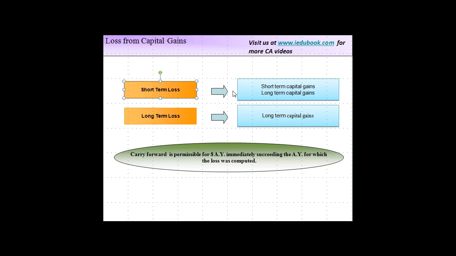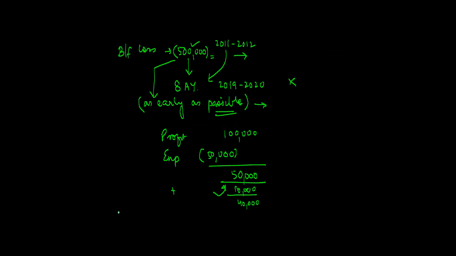So the logic behind allowing short-term capital loss to be set off against both of them is this. Let me take you to the drawing board. Suppose you had a short-term capital gain of 500,000 and a long-term capital loss of 400,000.